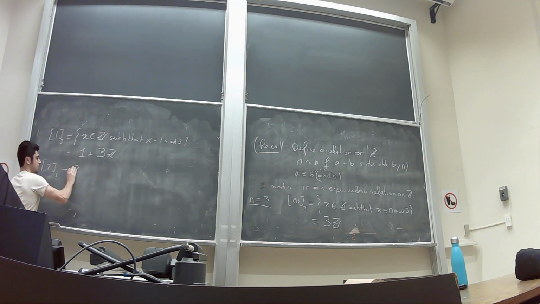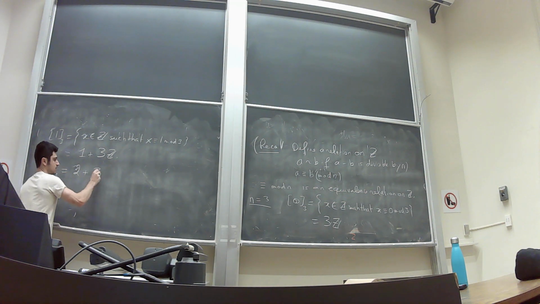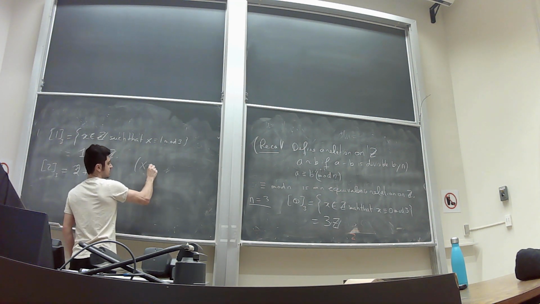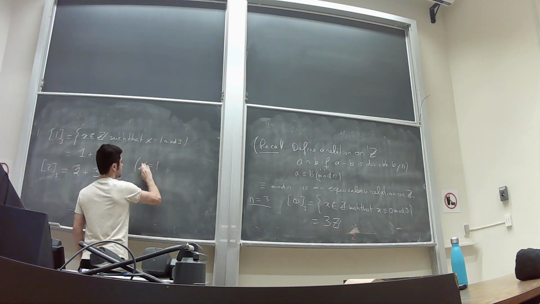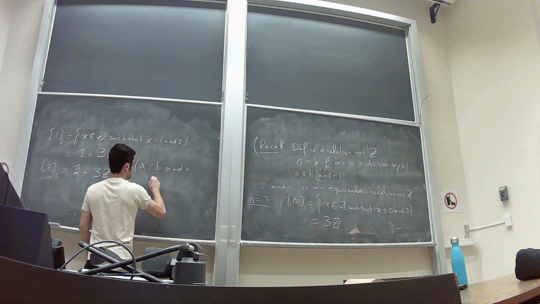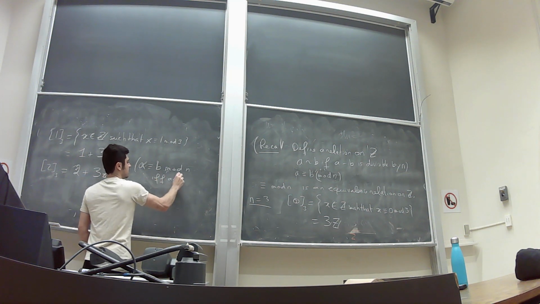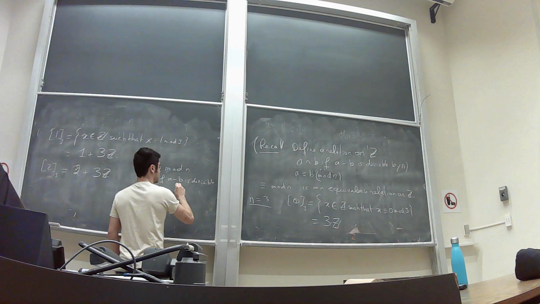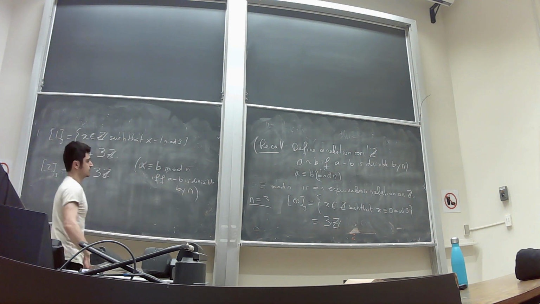It's 2 plus 3z. Very good. Let's remember that this is just a notation: A is congruent to B mod n if and only if A minus B is divisible by n.